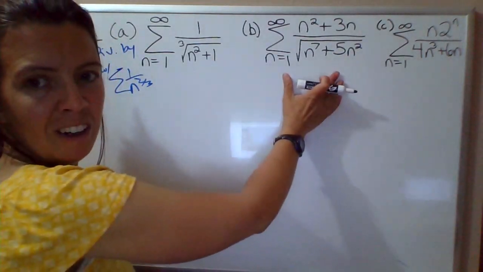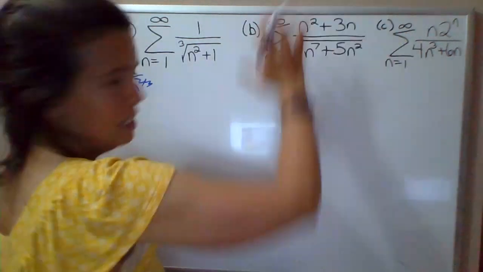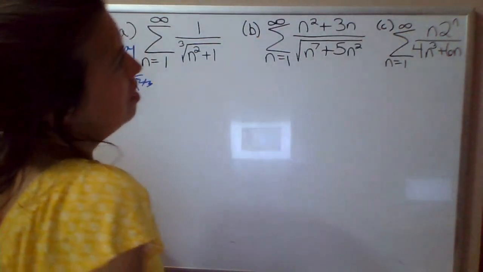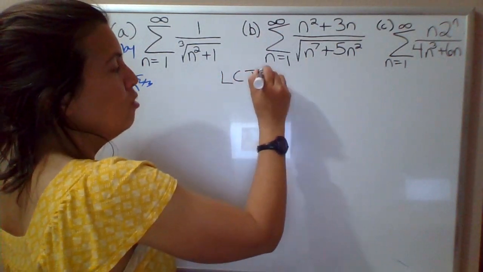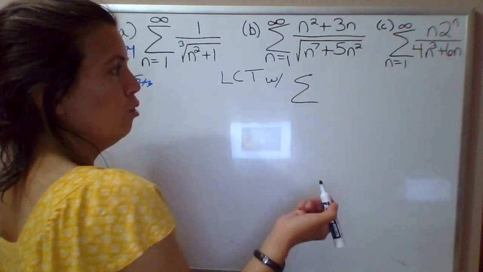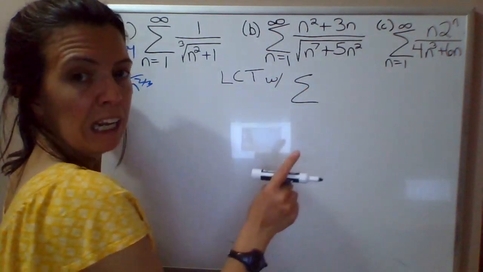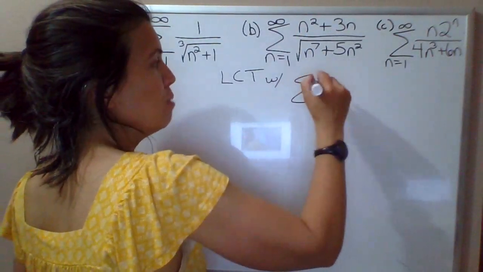So here's where you should really jump straight to limit comparison test. When you have something really messy like this, the default choice should be limit comparison test, where you take dominating terms in the numerator and denominator. In the numerator, your dominating term is the n squared.